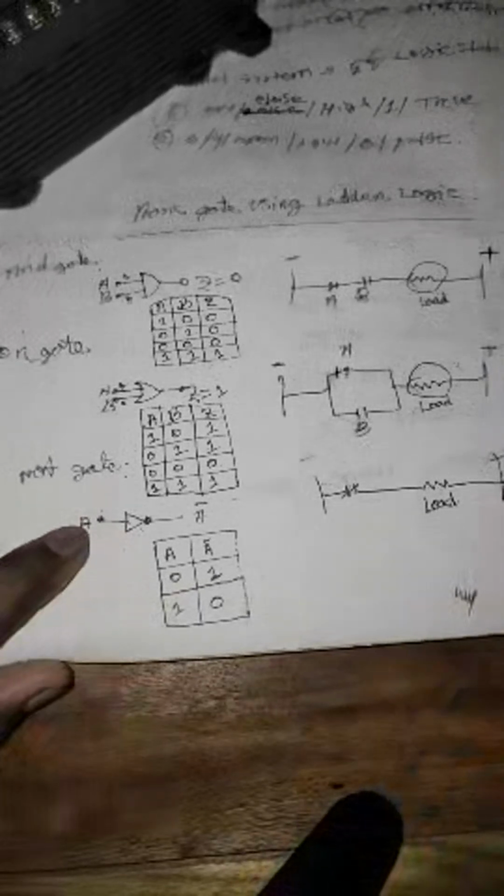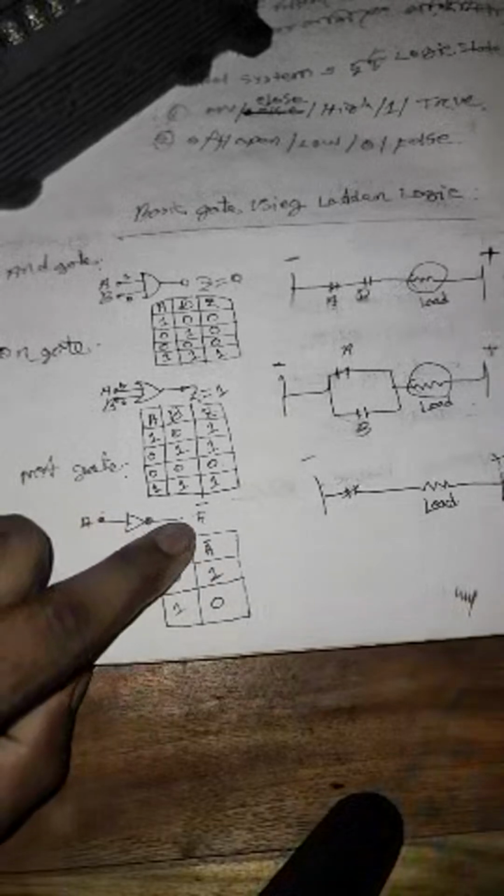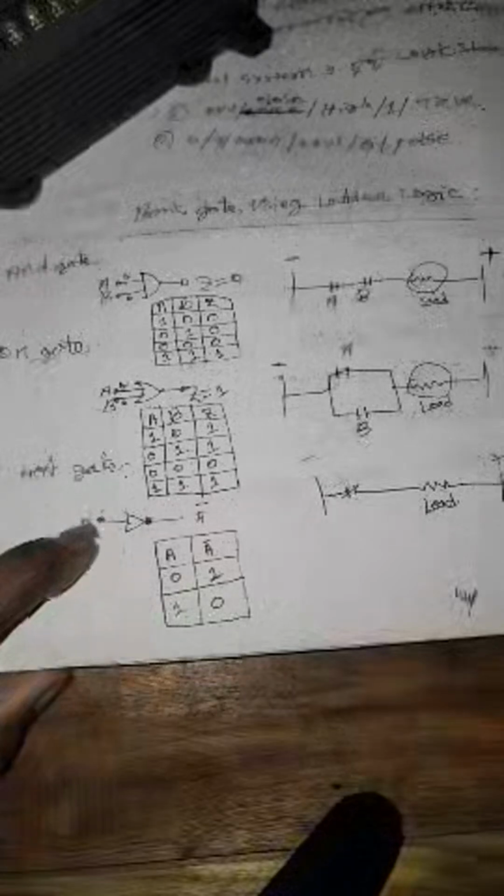When I provide input A 0, then output is 1. When I provide input 1, output is 0. So guys, this is the NOT gate, a different type of gate. The truth table is as follows: A0 input provided, then output 1. A1 provided, then output 0.